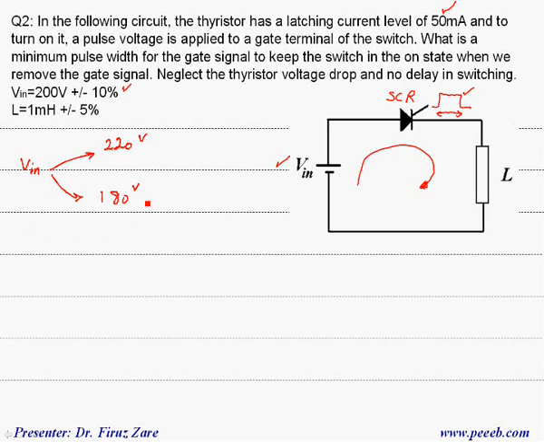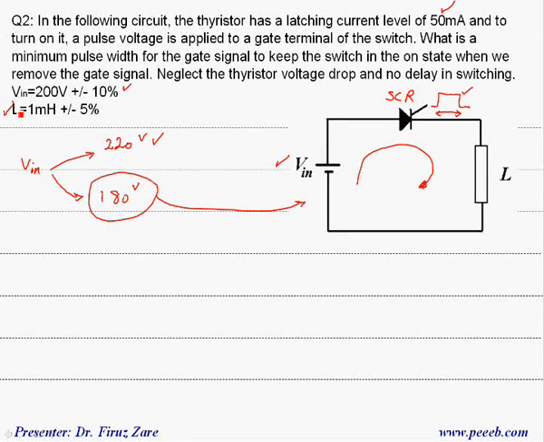So worst case means that we have minimum voltage across the circuit, and in this case that can increase the current. That means compared to this voltage level we may need longer time to be able to increase the current through the inductor.